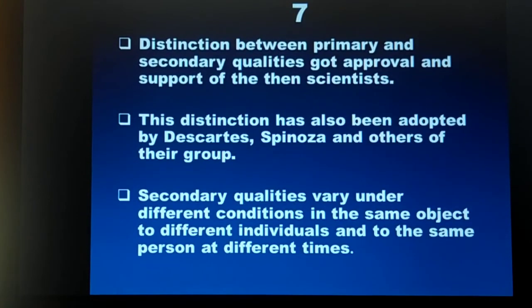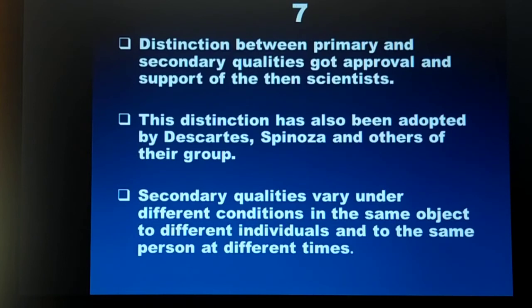Now we know the differentiation between the primary qualities and the secondary qualities, or what is in our consciousness and what is not in our consciousness. Now, in order to understand some more knowledge regarding the scientific realism of John Locke, we have to discuss some more points.